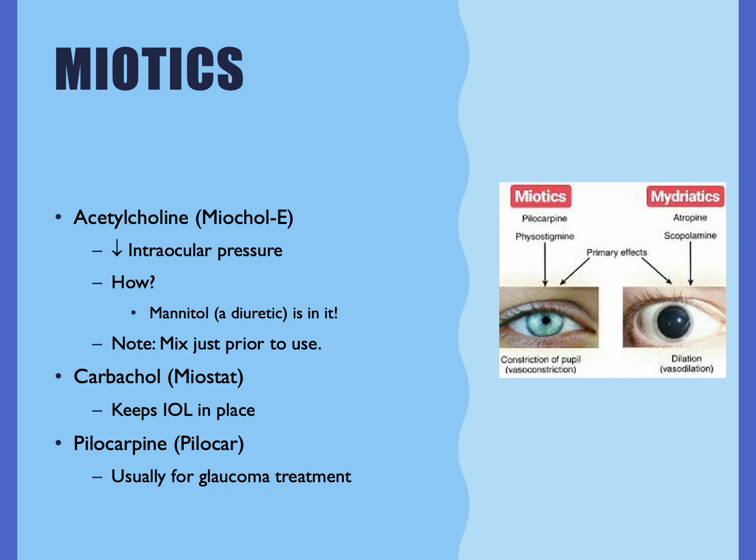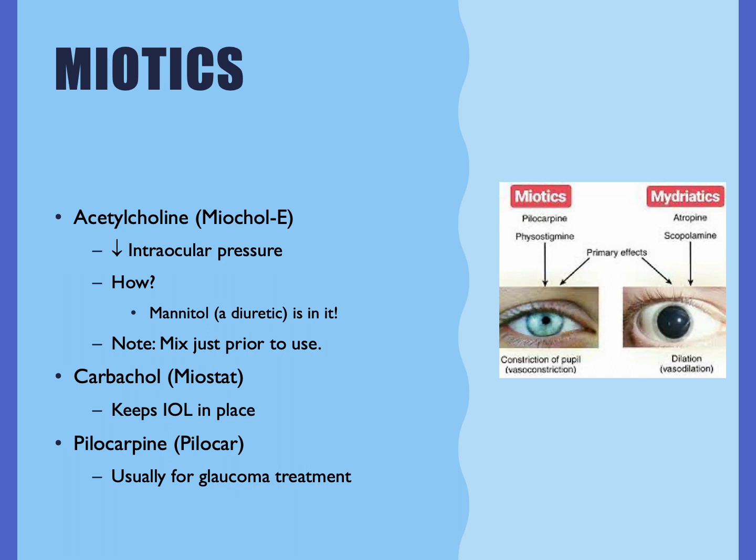So now let's talk a little bit about carbachol. Carbachol is a meiotic that's used topically to reduce intraocular pressure in glaucoma. It can also be injected into the anterior chamber intraoperatively to keep the intraocular lens in place.